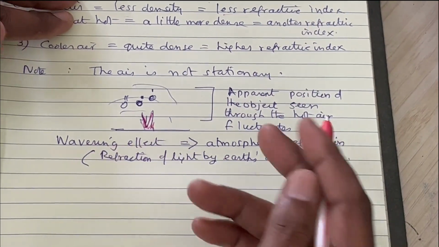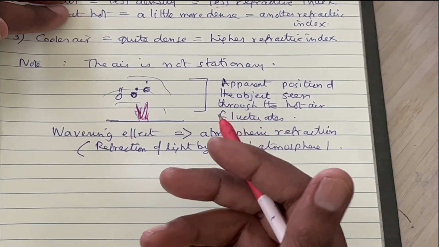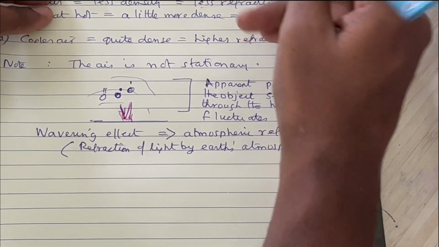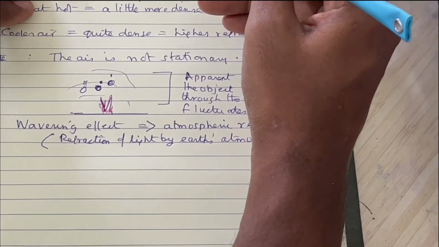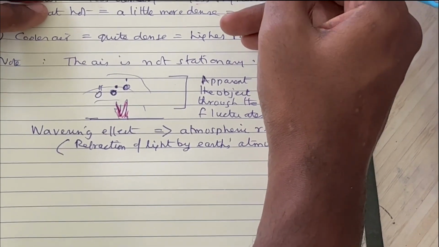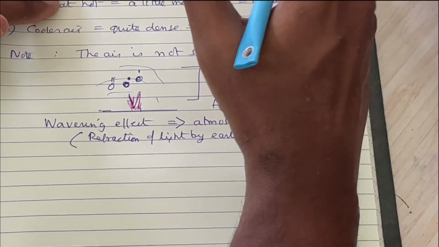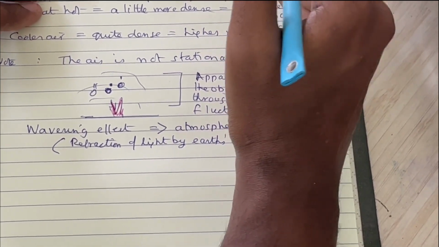This wavering effect is obviously due to atmospheric refraction. Also note that the whole area, because of the difference in the heated air, has different refractive indices, and also because of the movement of air, the light is getting bent in different manners.